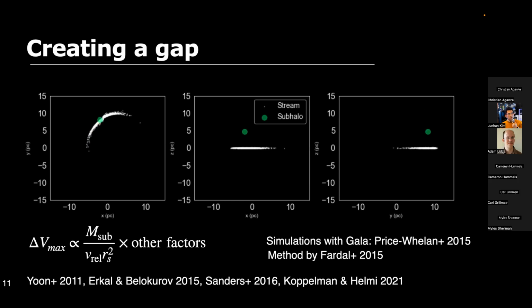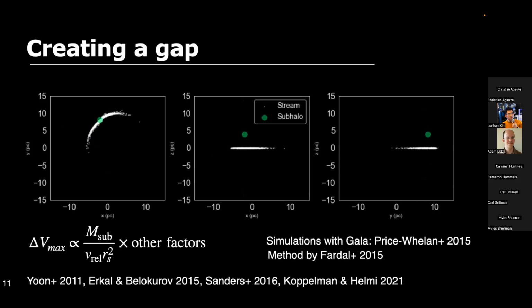Here we're showing a really massive subhalo just for effect; I usually use a smaller subhalo. This is like a 10 to the 8 solar mass subhalo that goes through a stream and kind of splits it apart. But in this study, we just want to create a gap and see if we can observe it. So we don't actually use these massive subhalos. But the effect, basically the impact velocity on the stars in the stream, depends on the subhalo mass.